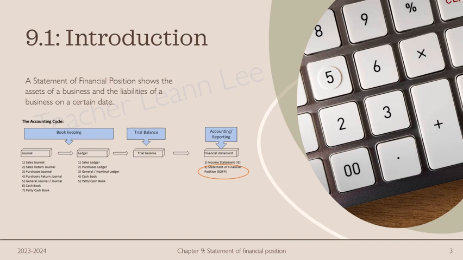The financial statement shows the whole year's income and expenses, and at the end, total income minus expenses shows whether the company is making a profit or a loss. Once we have the profit, we move it into the statement of financial position.